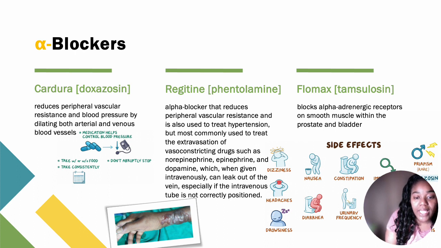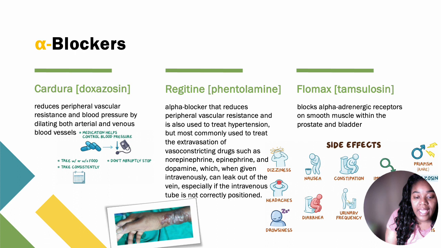We have a medication called phentolamine, also known as Regitine, and this is an alpha blocker that reduces the peripheral vascular resistance, and it is also used to treat hypertension. But most commonly, it is used to treat extravasation of vasoconstricting drugs, such as your vasopressors. That's norepinephrine, epinephrine, and dopamine, which, when given intravenously, can leak out of the vein.